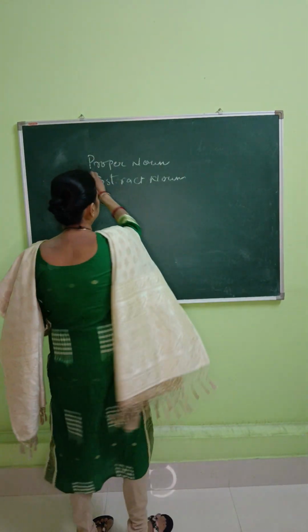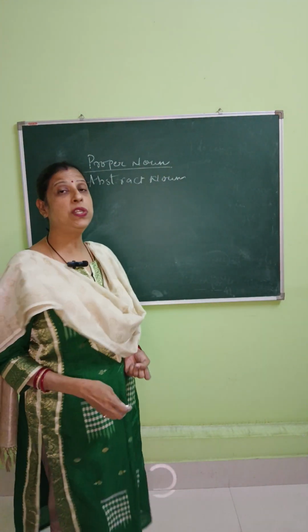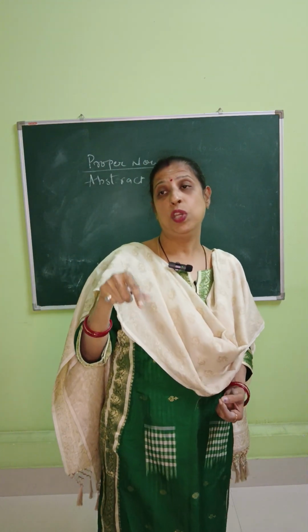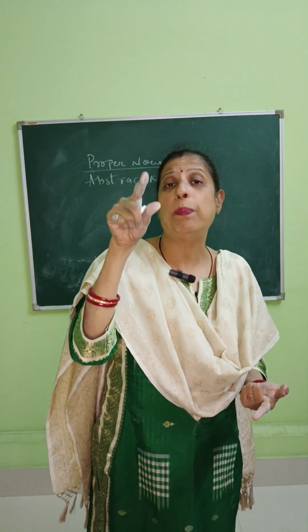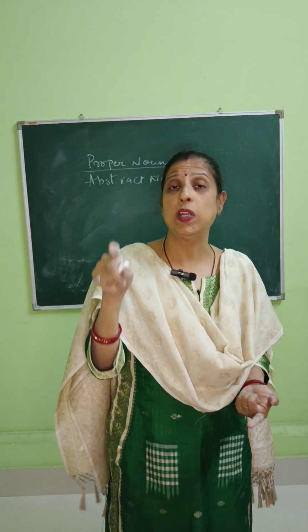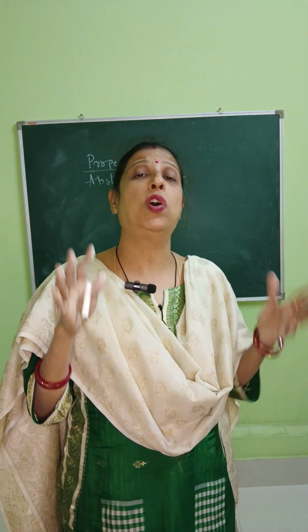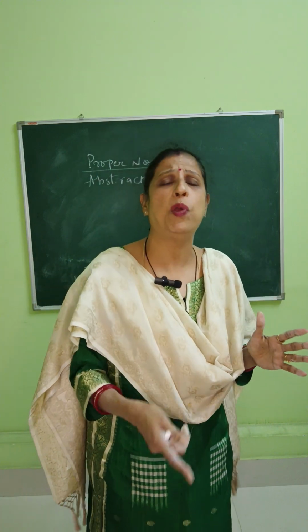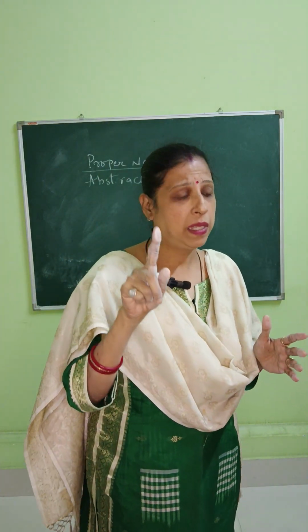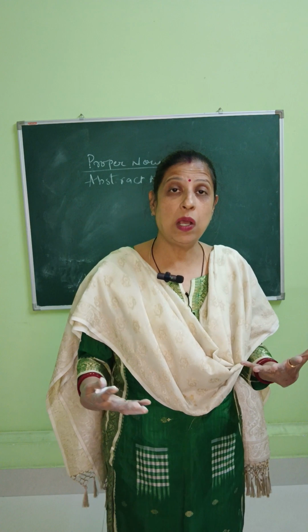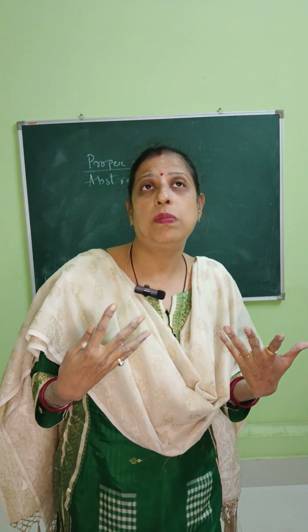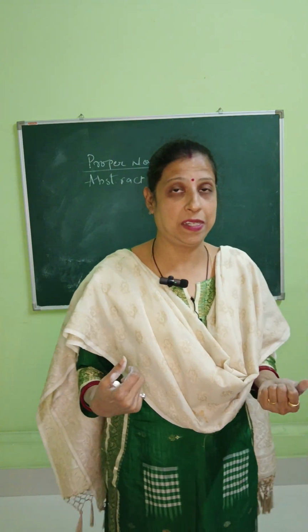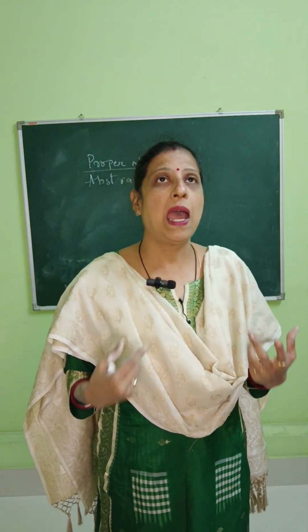A proper noun is a noun by which we point out a particular thing or object, as if we are pointing our finger towards it. An abstract noun is a feeling or a thing that you can only sense.